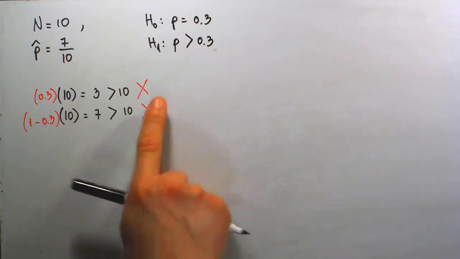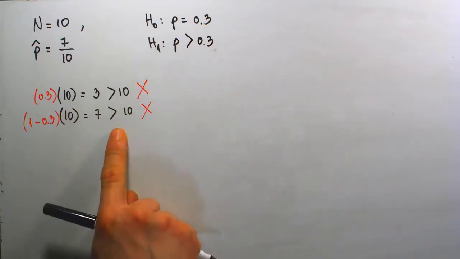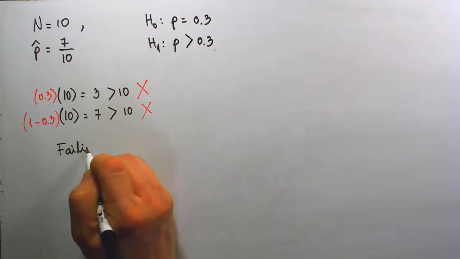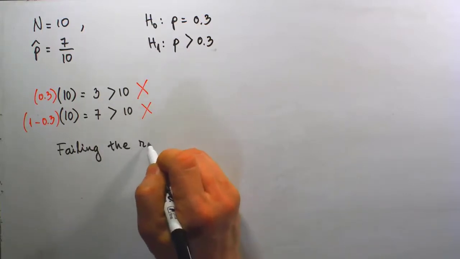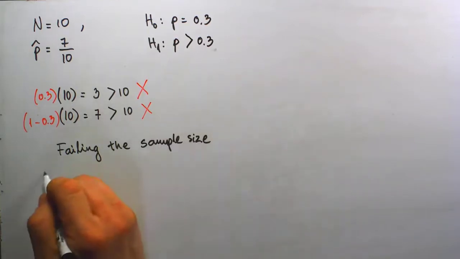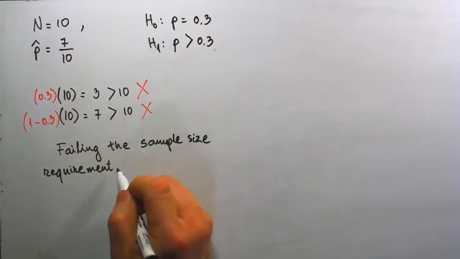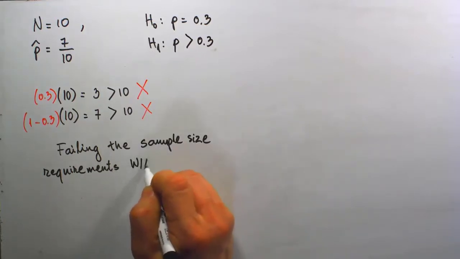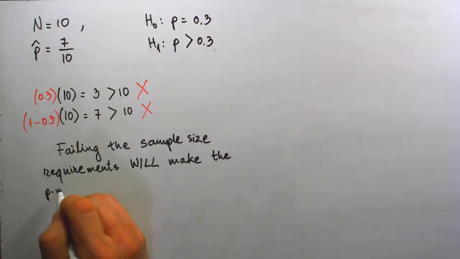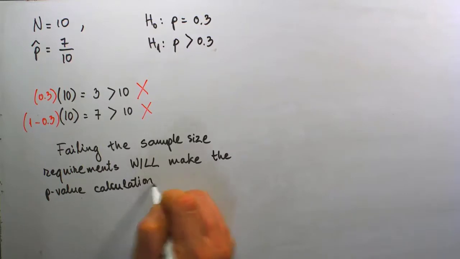So what if we fail this requirement? The reason I have to mention this is that failing the sample size requirements will make the p-value calculation incorrect.